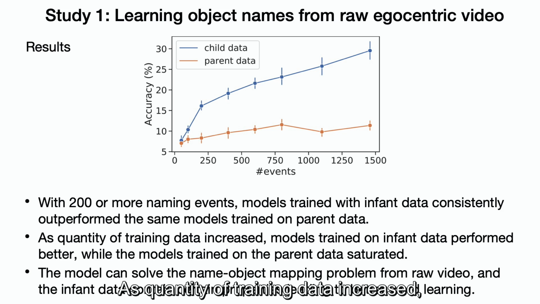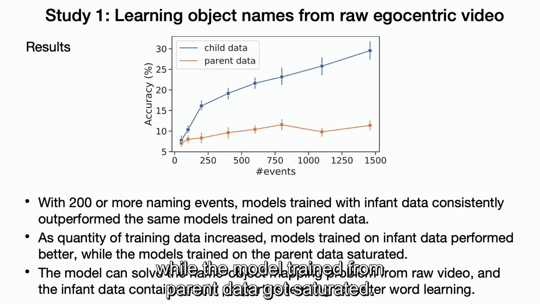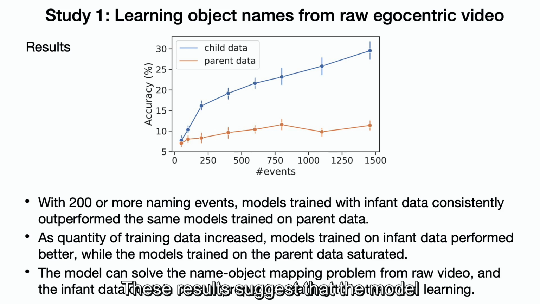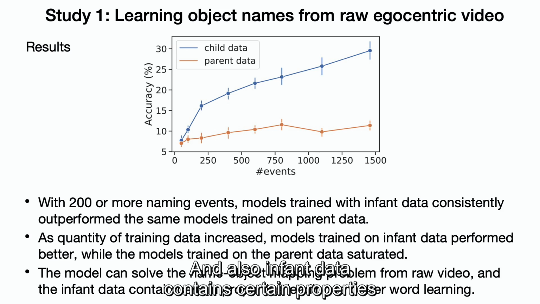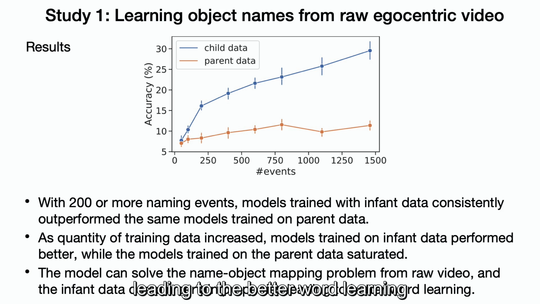As the quantity of training data increased, the model trained on infant data performed better and better, while the model trained on parent data saturated. This result suggests that the model can solve the name-object mapping from raw video recorded directly from the egocentric view, and also that infant data contains certain properties leading to better word learning compared to the parent data.